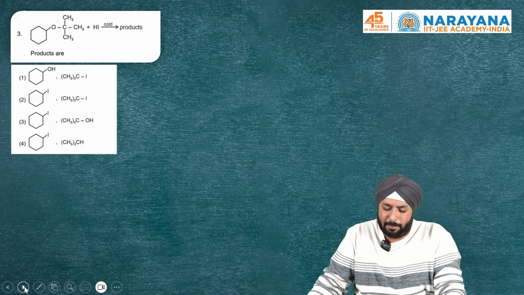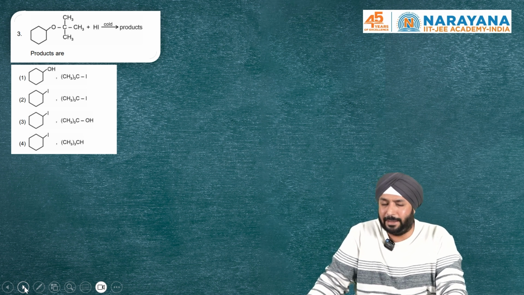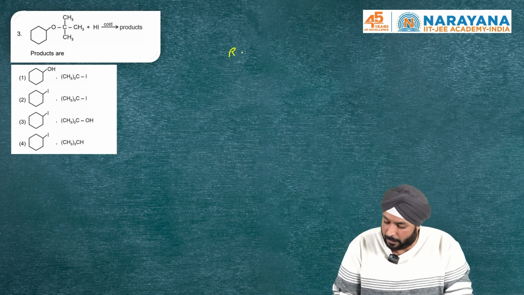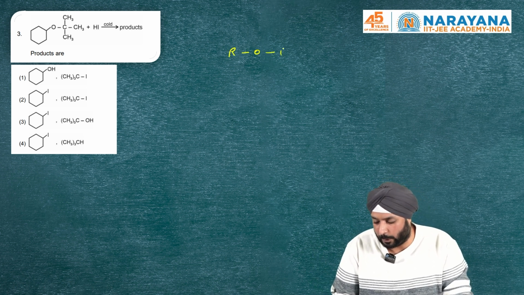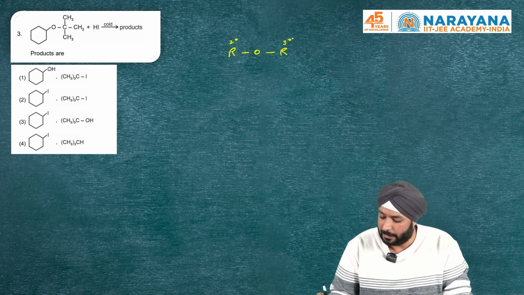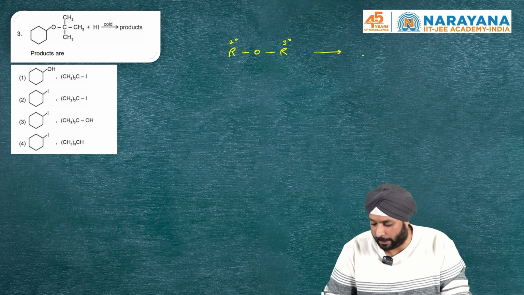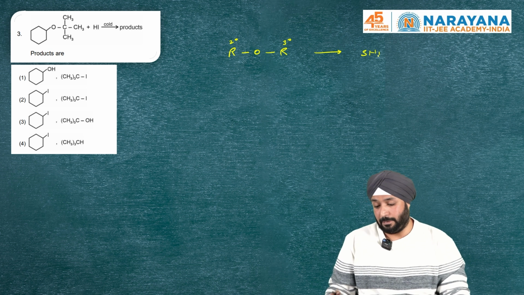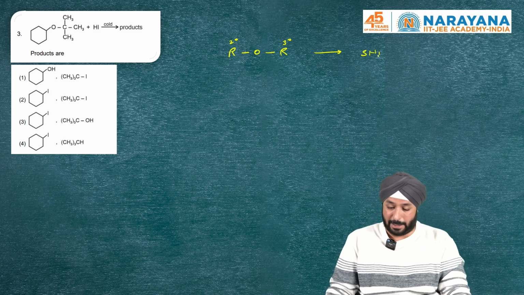Now question number 3, this question is based on the reaction of HI with ethers, and we know that whenever an ether is connected to two alkyl groups, whereby one is secondary and the other is tertiary, the major reaction given by it should be SN1, right? So this molecule will undergo SN1 reaction.